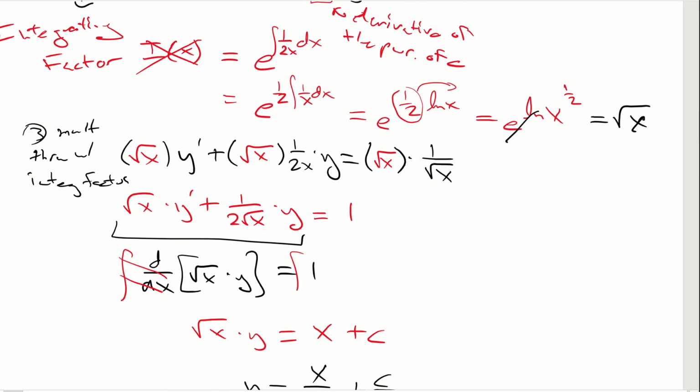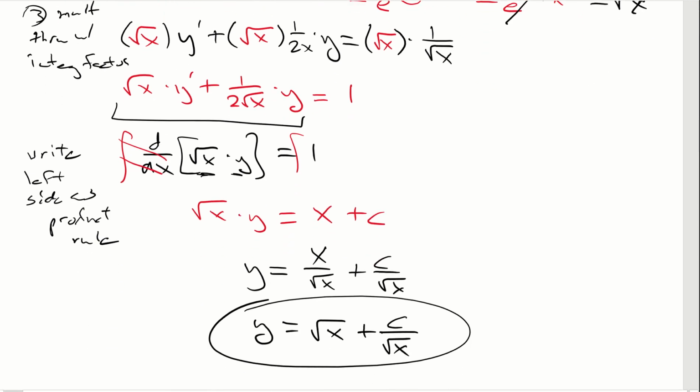Step 4 is write the left side as a product rule, the derivative of a product. And you know what it always is? It's always the integrating factor times y, every time.